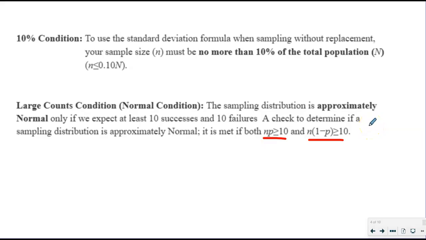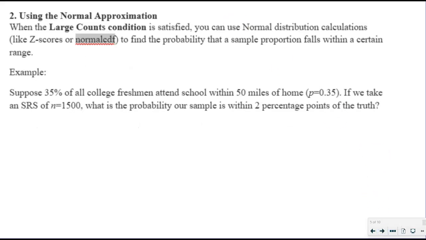If those conditions are true, then we can find the probability of a certain event happening using normal calculations. So we're going to walk through an example.